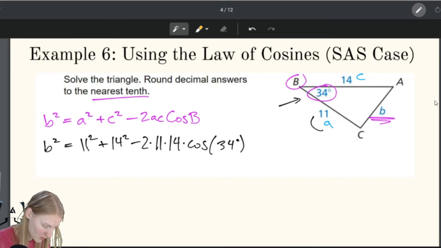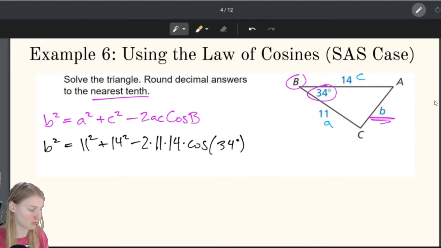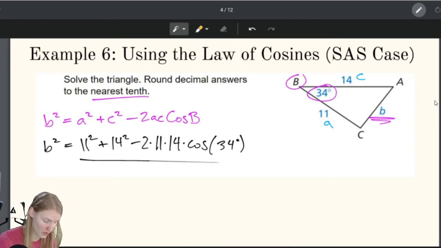Whew! That looks like a lot, but it's not so bad. There are multiple ways you can do this. You can just take this whole thing and put it in your calculator, and out pops an answer. I would recommend doing that because you get less estimation errors that way.